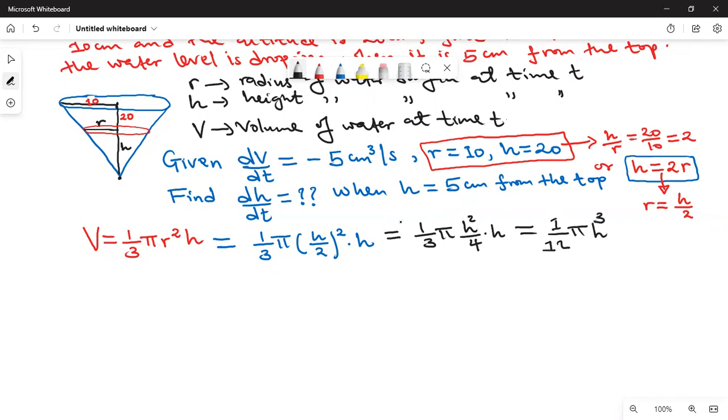So that is the volume as a function of h only. Volume as a function of h only. Pi over 12 h cubed.